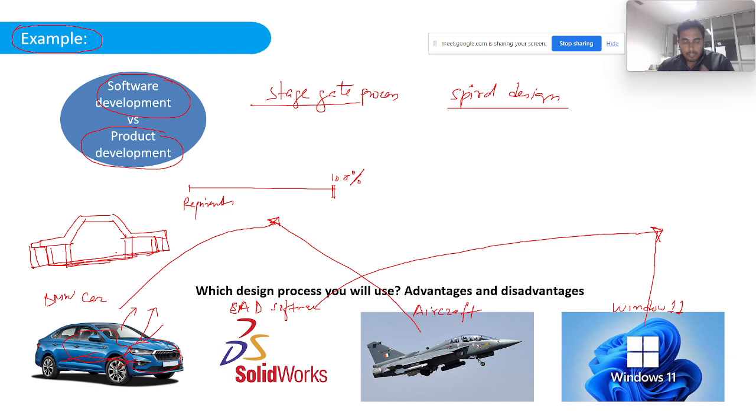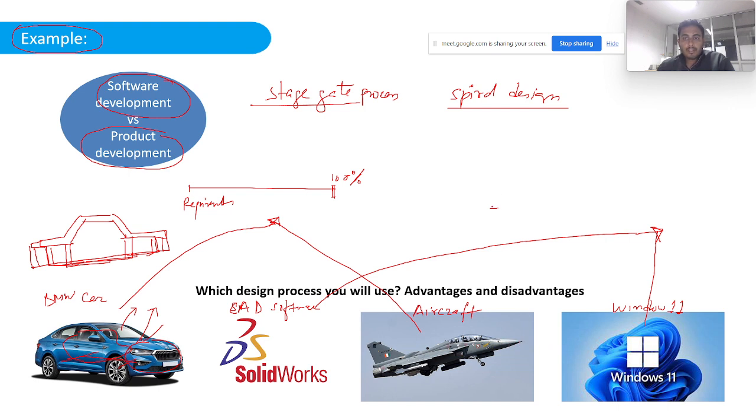Second reason is, for the same reason, in software development, what happens if you see SolidWorks? So do you know what is SolidWorks? Okay, so SolidWorks is a 3D modeling software, using which you can model a virtual 3D model of anything, like any product.